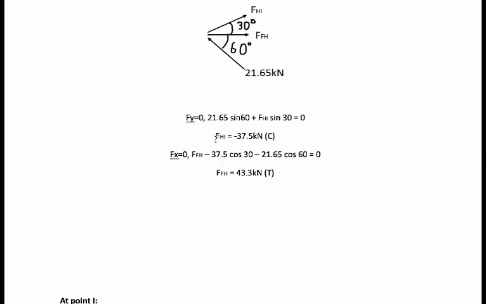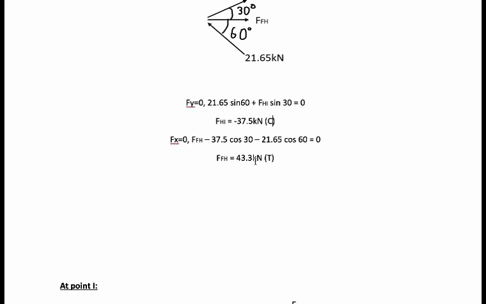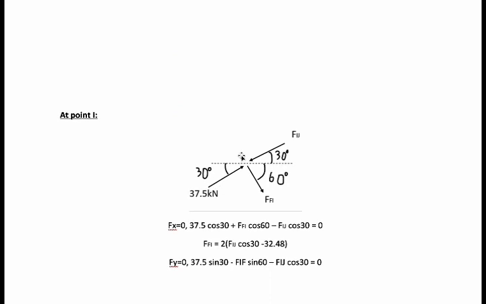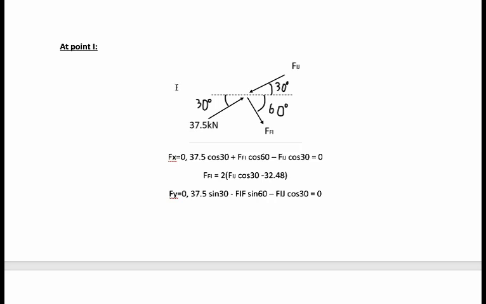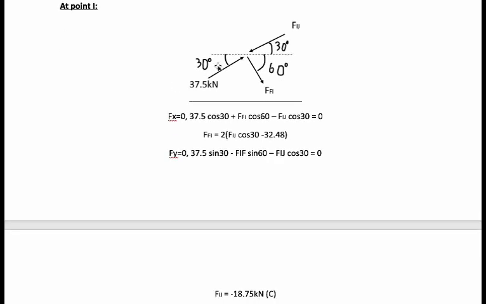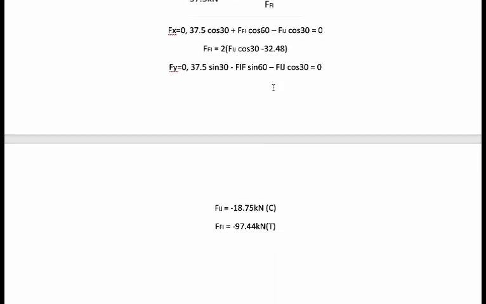As we can see at joint H, HI, the force is compressive, and at point FH it's tensile, and we go the same as the previous 2 points with point I, and we can see that the force at joint I is compressive for IJ, but for FI it's tensile.